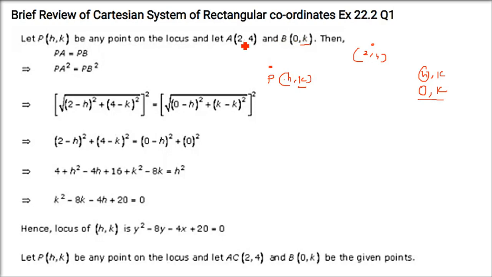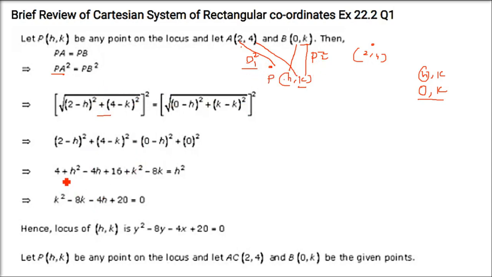So it will be (2 minus h) whole square plus (4 minus k) whole square equals (0 minus h) whole square plus (k minus k) whole square. You can square PA and PB so that you get rid of the square root. So PA equals PB, PA square equals PB square, and this will be the equation.